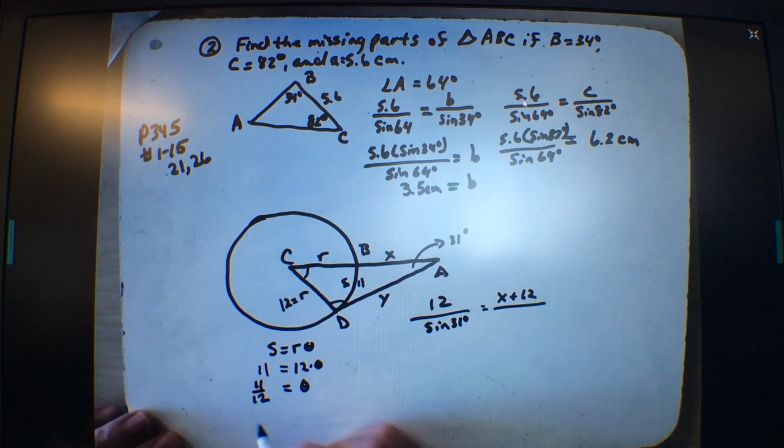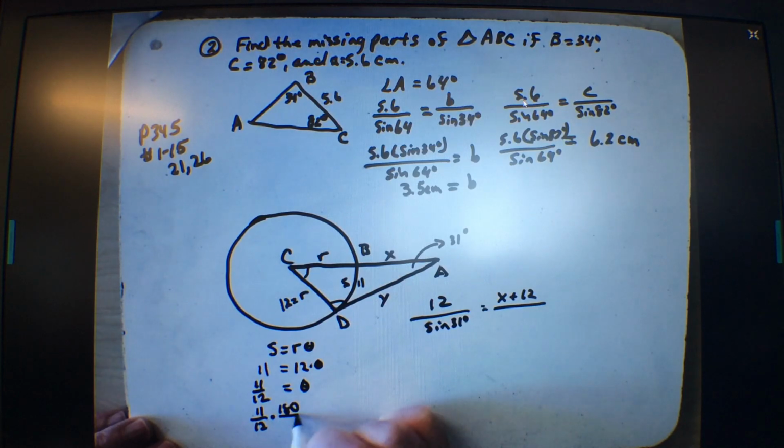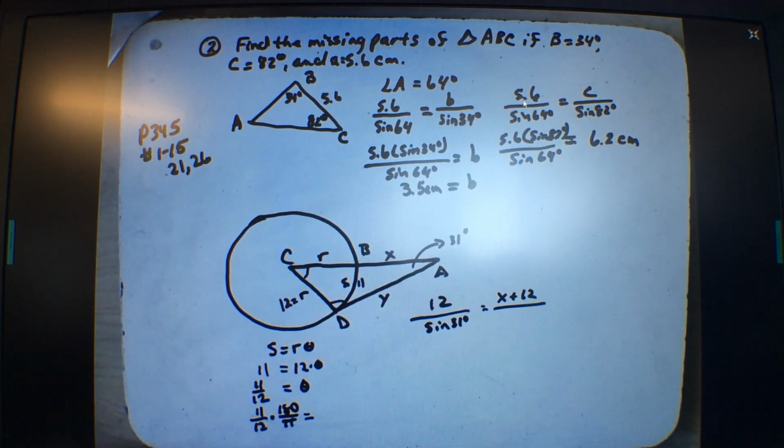So how many degrees is that? How would I find that? I would take 11 over 12 times what? 180 over pi. Would you do that on your calculator and give me the nearest whole number?